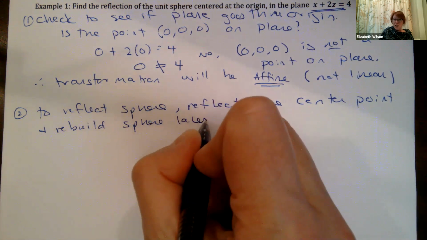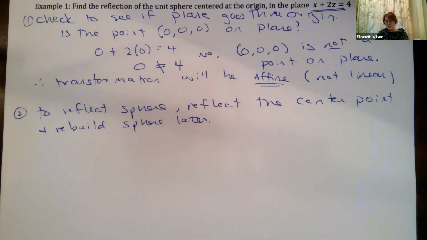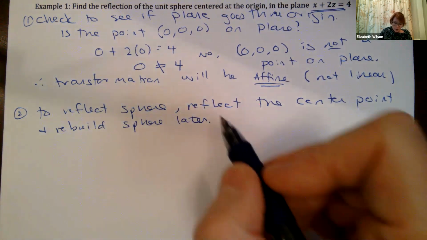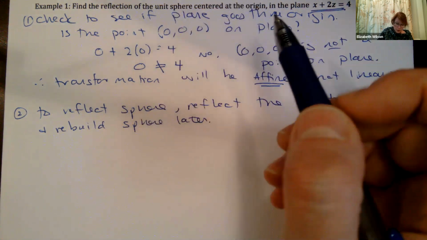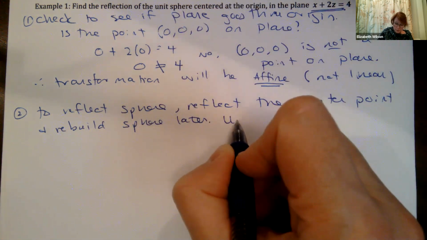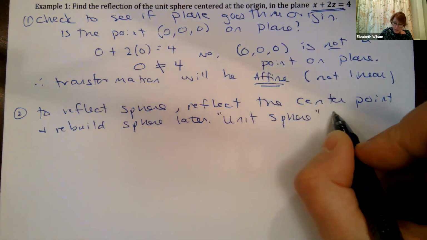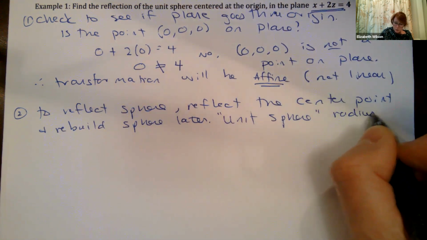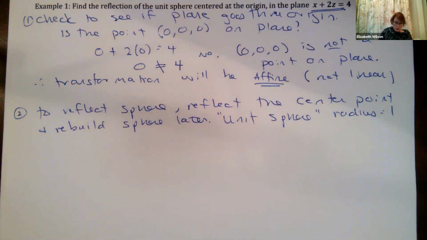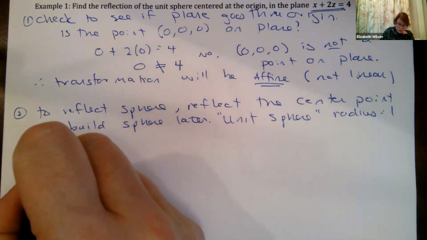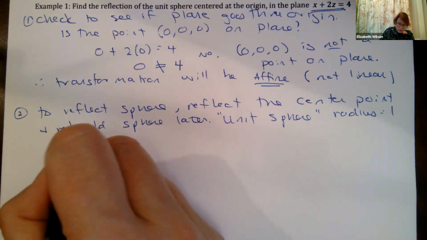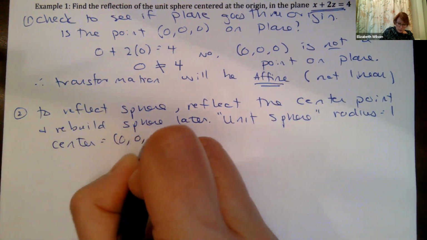We're going to actually draw this whole picture after we're done so we can see what it looks like. So it says unit sphere. When they say it's a unit sphere, that means that our radius is equal to 1 unit. If it's centered at the origin, that means our center point is equal to 0, 0, 0.